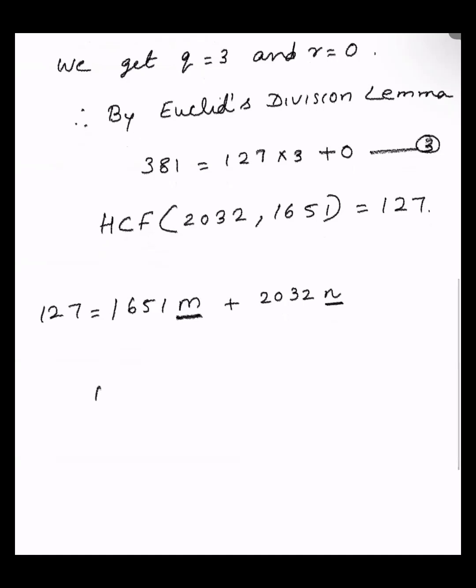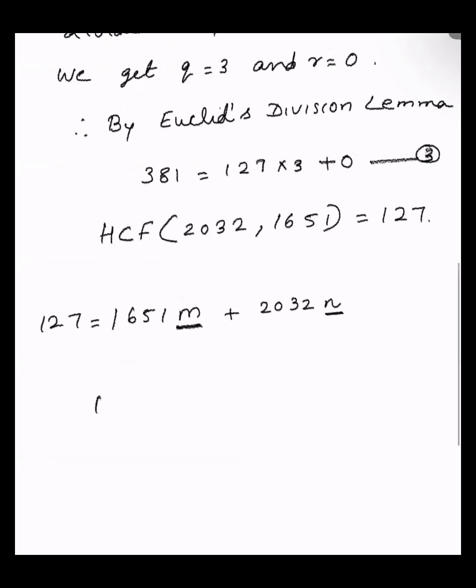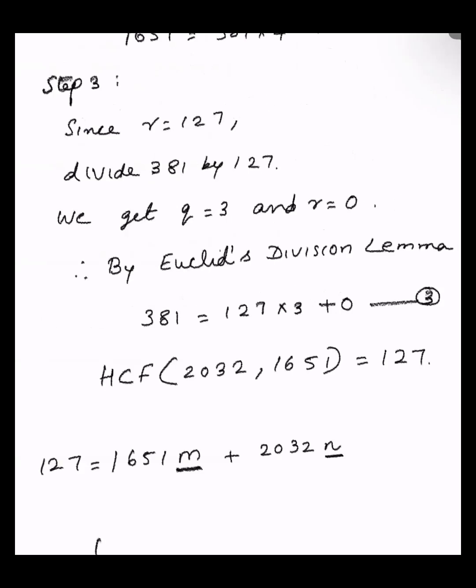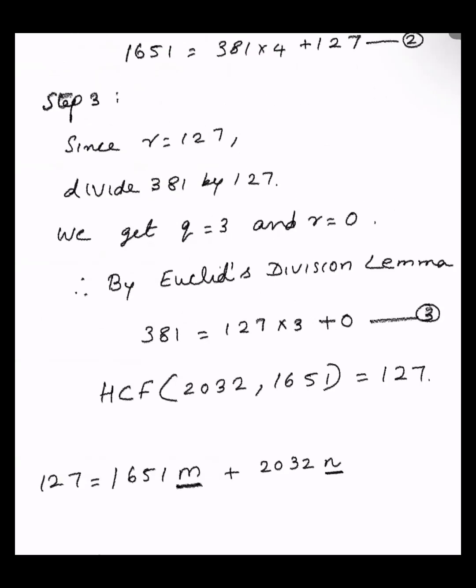So how do you write? HCF is 127. Just go up and look at equation 2. In equation 2, you can see 1651 is equal to 381 into 4 plus 127. Keep 127 on one side and move the other terms to the other side.